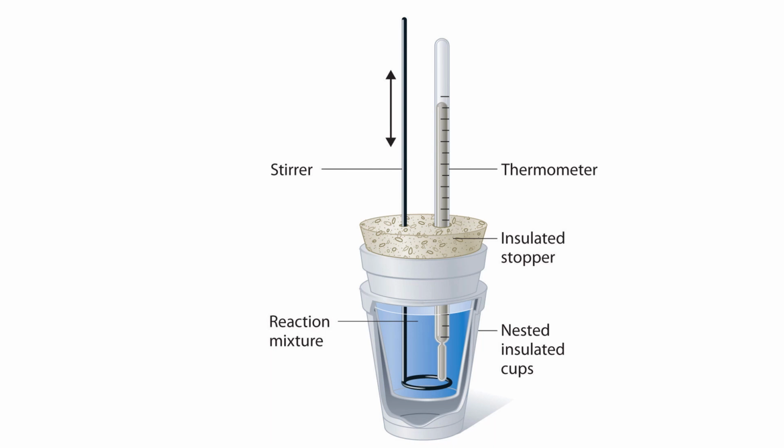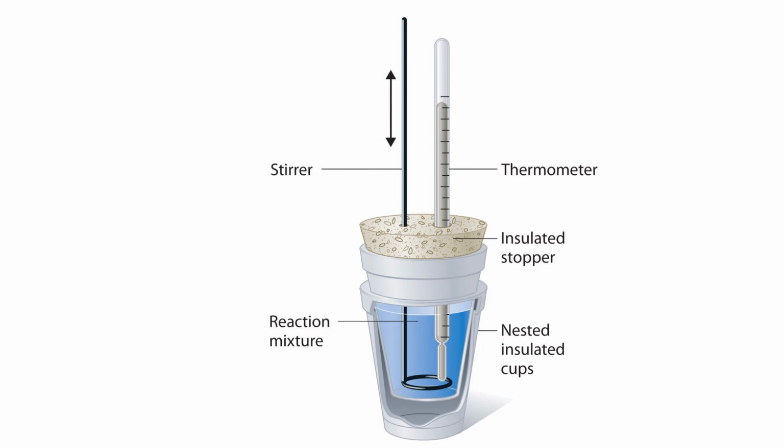What happens is you carry out the reaction inside the polystyrene cup, and a temperature change will occur depending on whether the reaction is exothermic or endothermic, and your thermometer will measure the temperature change within the vessel. So you take readings and you're constantly stirring to make sure that the reaction is complete, and it's inside a polystyrene cup with a lid on the top so that the system is insulated, to make sure that as little heat as possible escapes to the surroundings.